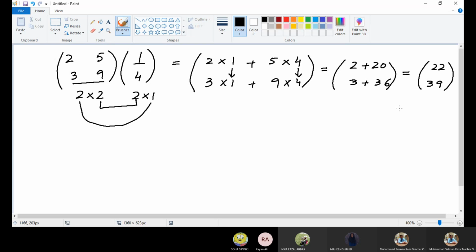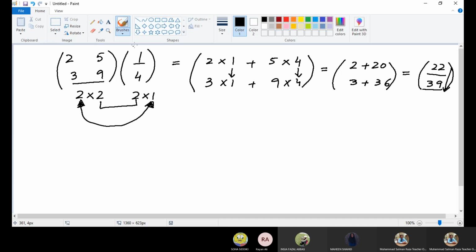So over here, you can see that our resultant matrix is in the order 2 rows and 1 column, which we already discussed. So this is how we solve the multiplication in a matrix.